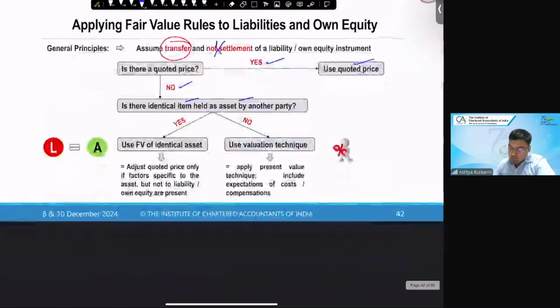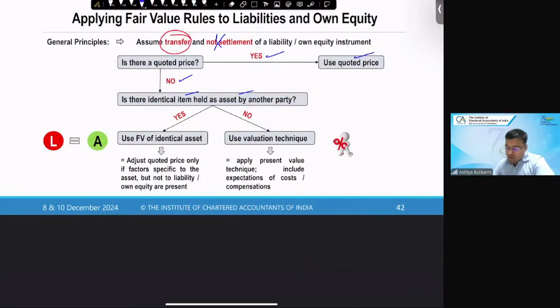Now, is there an identical item held as an asset? If the answer is yes, then use the fair value of the identical asset. Of course, adjust the quoted price only if factors specific to the asset but not to the liability or own equity are present.